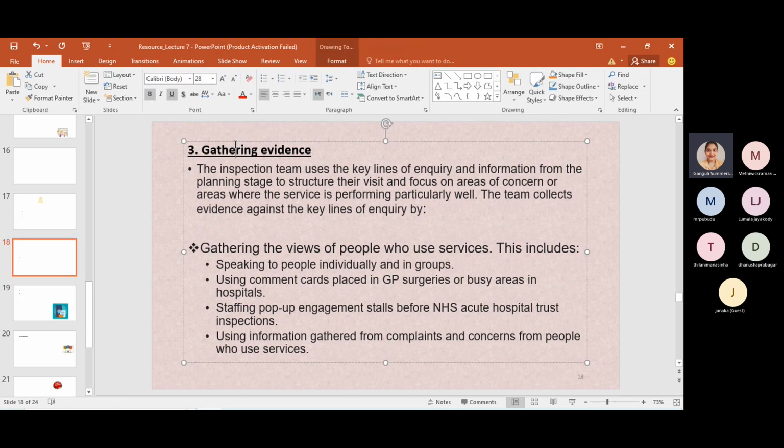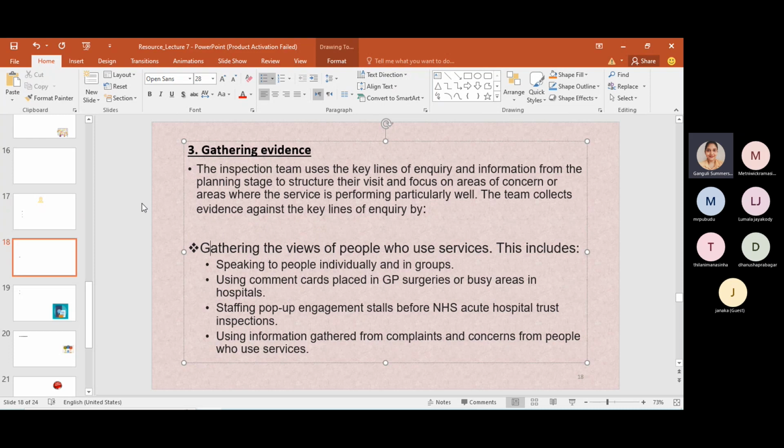So during the inspection process, the inspection team collects evidence. The team collects proofs. So how do they gather evidence?